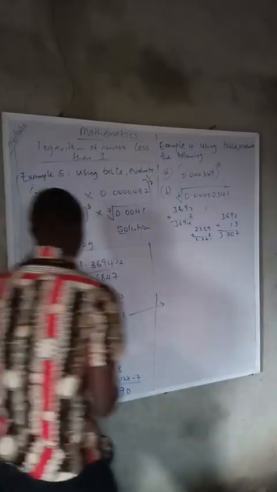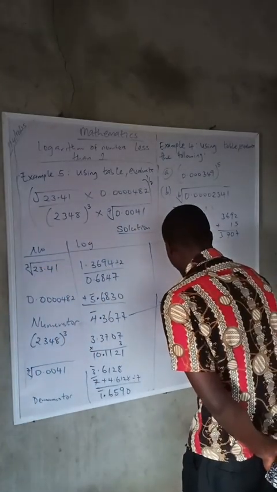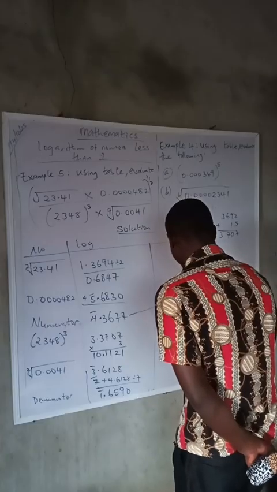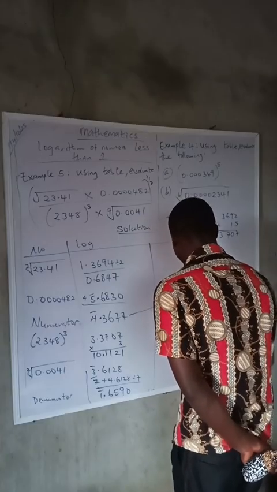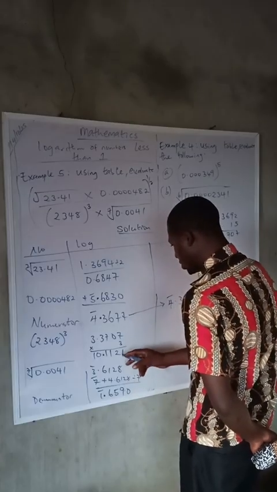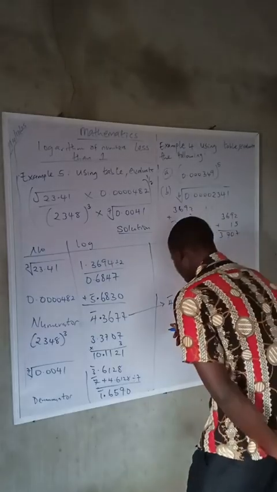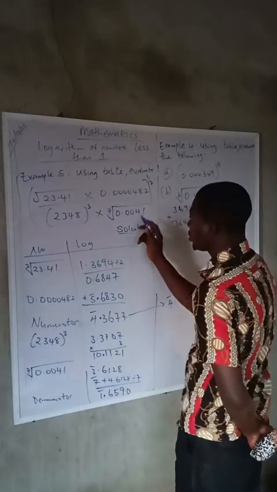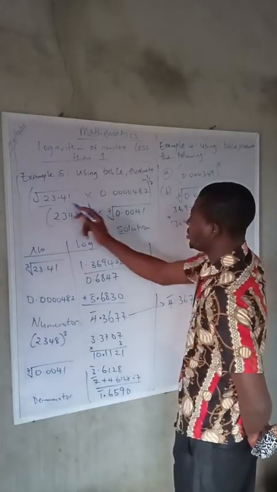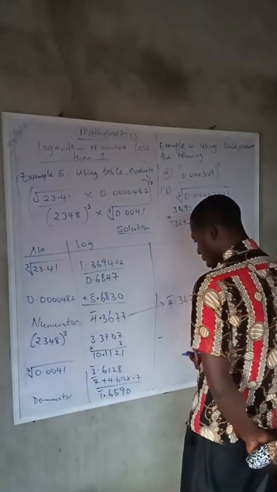The value of the numerator, I'm going to have something like bar 4.3677. Then this numerator and these values are the denominator. To add it together, they were separated by a division sign, so we can introduce minus.